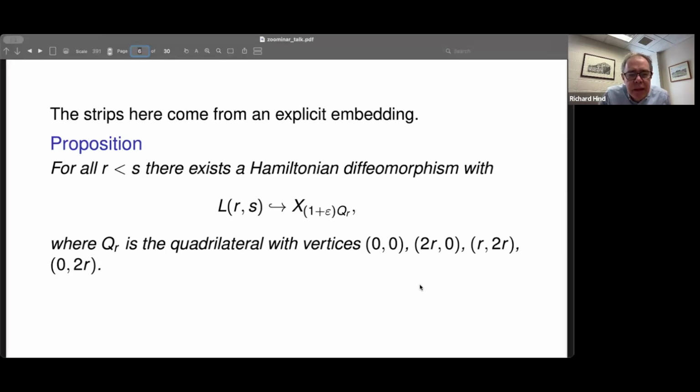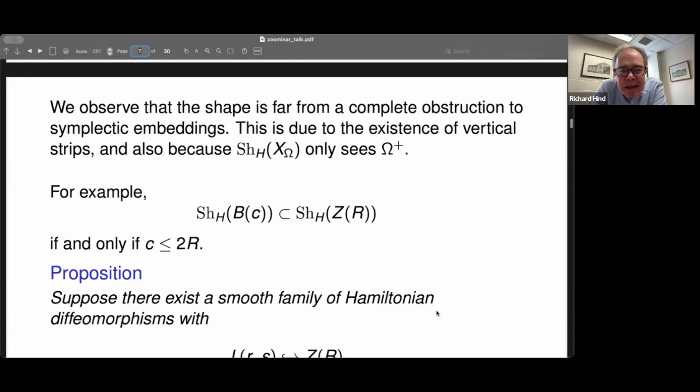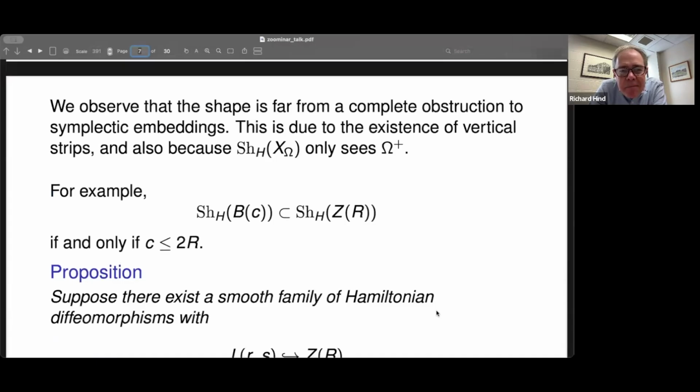All right, so then there's some discussion on this slide. Based on all this, the shape is not some sort of complete obstruction to all symplectic embeddings, really for two reasons already. First of all, because of the strips.